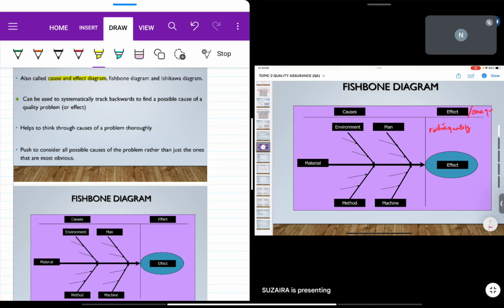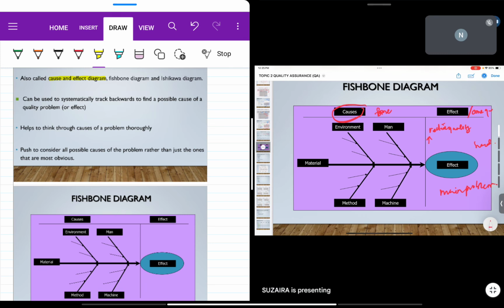And then if you look here, this is actually the bone, and this is the head, the main problem. So it's considered as the main problem. And then we have different causes that contribute to this problem. Let's say we talk about reducing the quality of the product, that is very general. If you want to talk about increasing the waste of packaging material, that one is more specific.